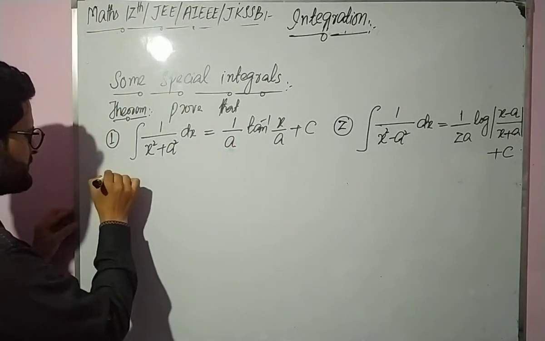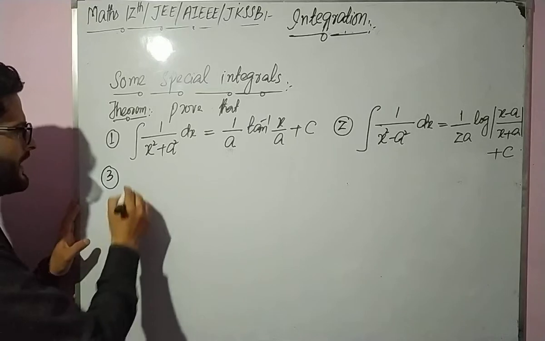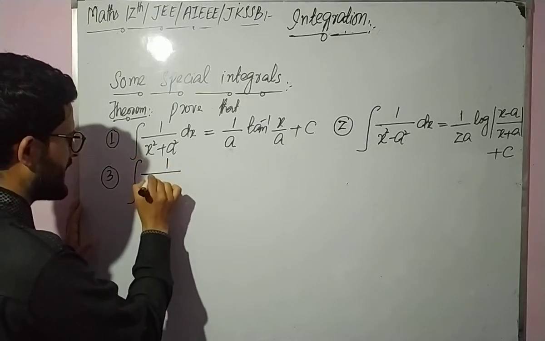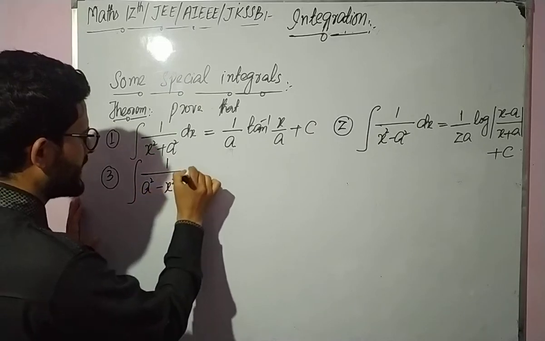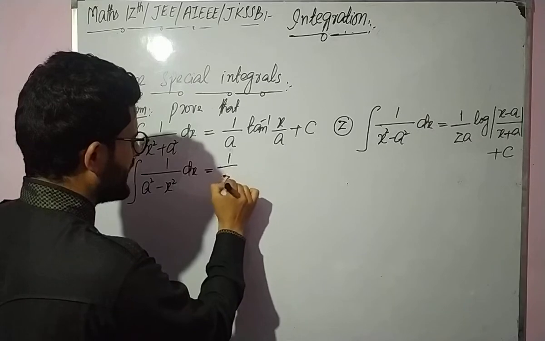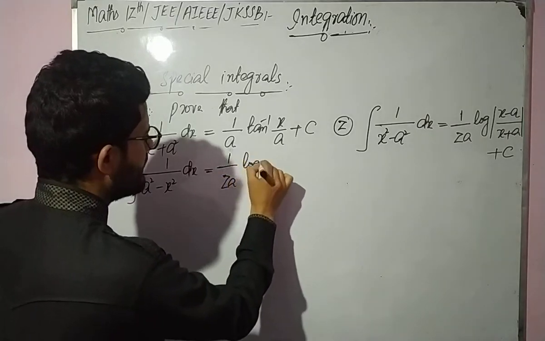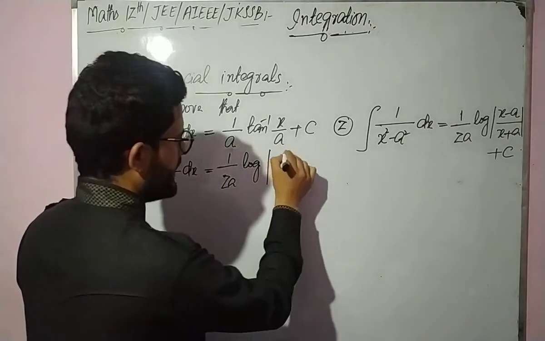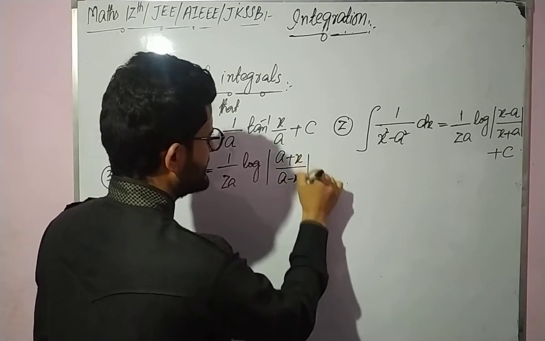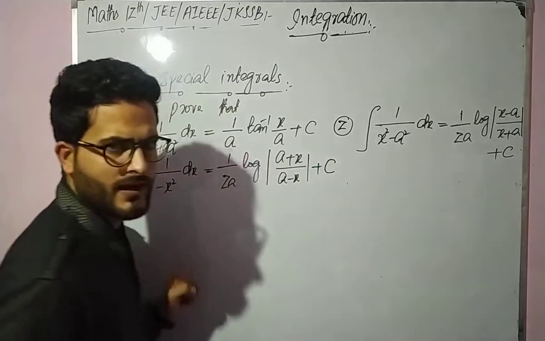The third special integral that we are going to prove is integration of 1 divided by a square minus x square into dx, and its integration is 1 divided by 2a again log of mod of a plus x divided by a minus x plus c, the constant of integration.